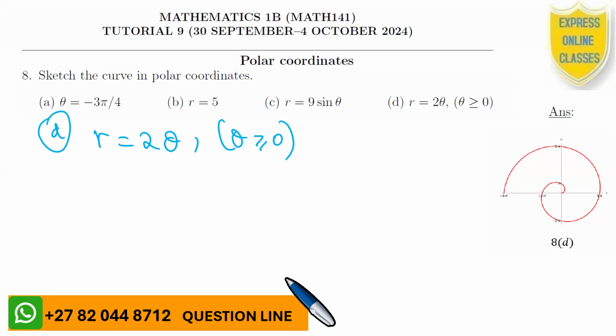And so we're asking the question, how do we sketch this?